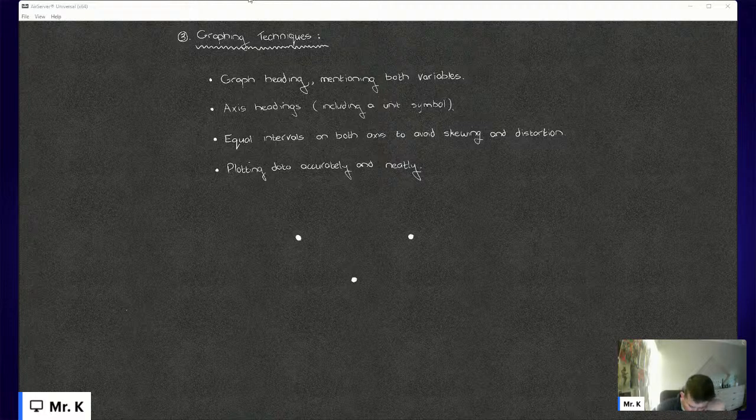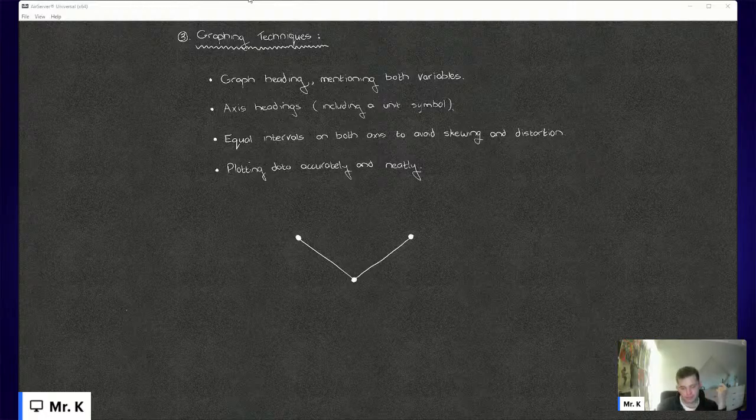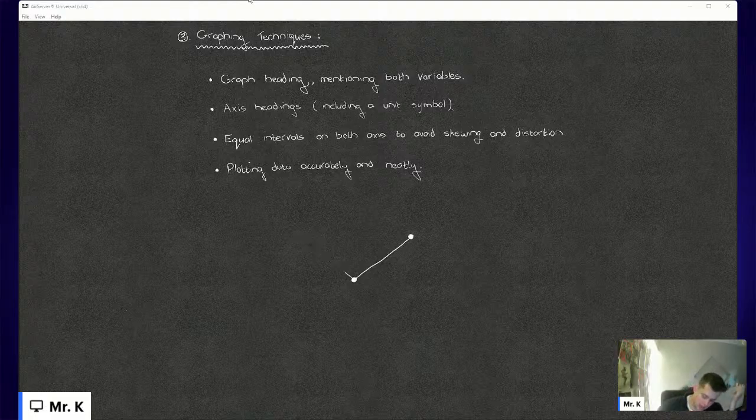And for example, when drawing a line graph, we need to make sure that our lines are connected with a ruler, not by hand. Okay, when we draw bars for a bar graph, we draw with rulers. When we draw a pie chart, we need to make a very accurate circle so that when we measure the angles in that circle for the different sectors, we are working accurately.